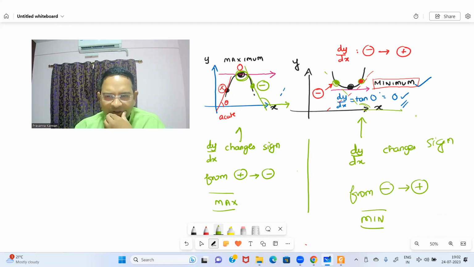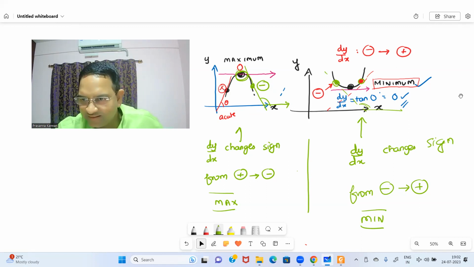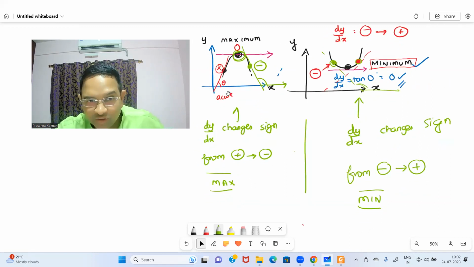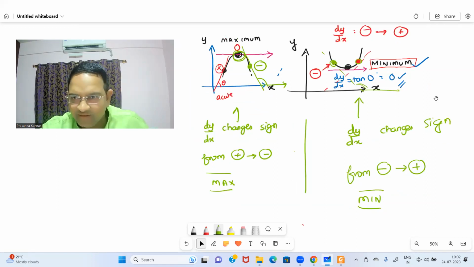Okay, how do you check this? Because we don't have the graph. We just have the equation. Go back to that question's equation, U is equal to some 50 t plus t square by 2, whatever. We don't want to be plotting the graph and finding all these, correct? We need to understand this and then conclude something.